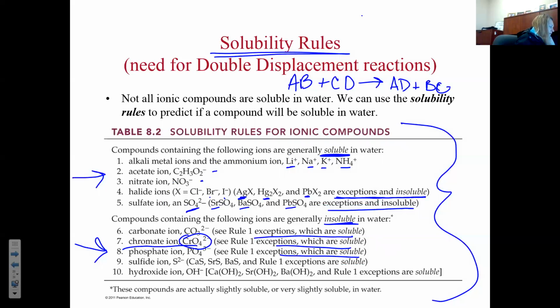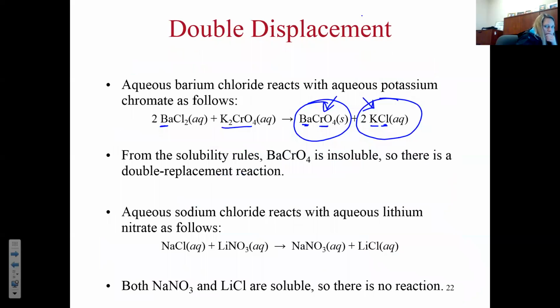And if we look on here, KCl, well, we know K is soluble, Cl is soluble, and so that one is soluble. Okay, so in this case, this one is insoluble. This one's soluble. And because of it, we could say there is a reaction. This one is precipitating, and so there is going to be a double displacement reaction that occurs.